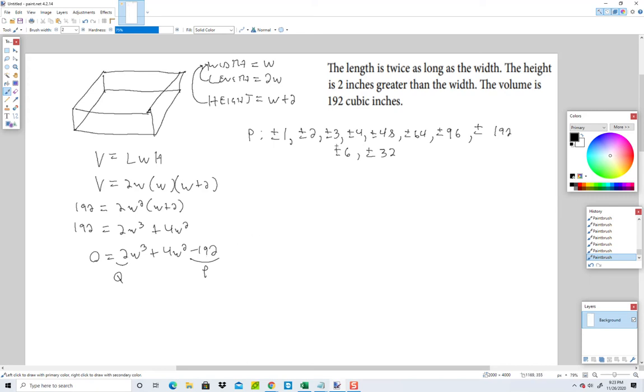There's sure a lot of possibilities here. Let's see, 8 goes in 192 24 times. Okay, 9, no, 10, no, 11, no, 12, maybe.